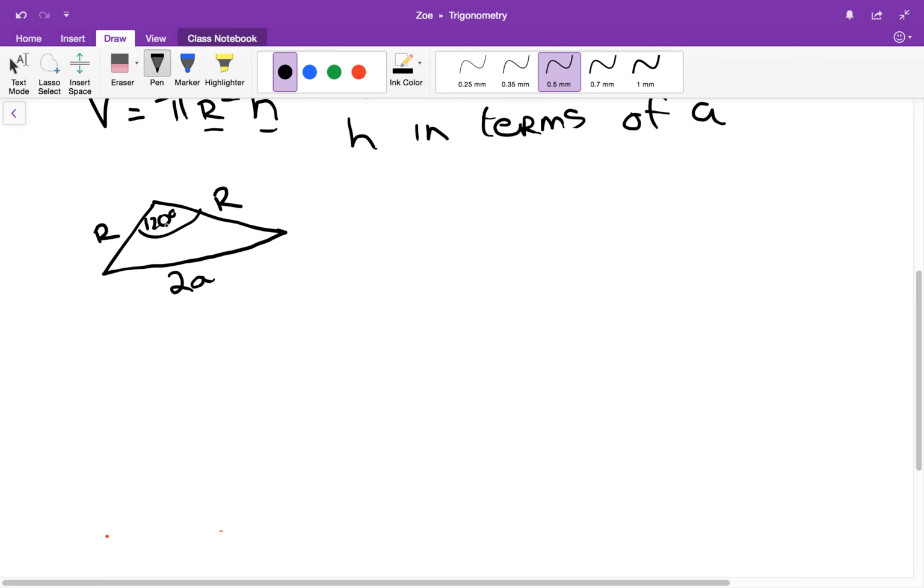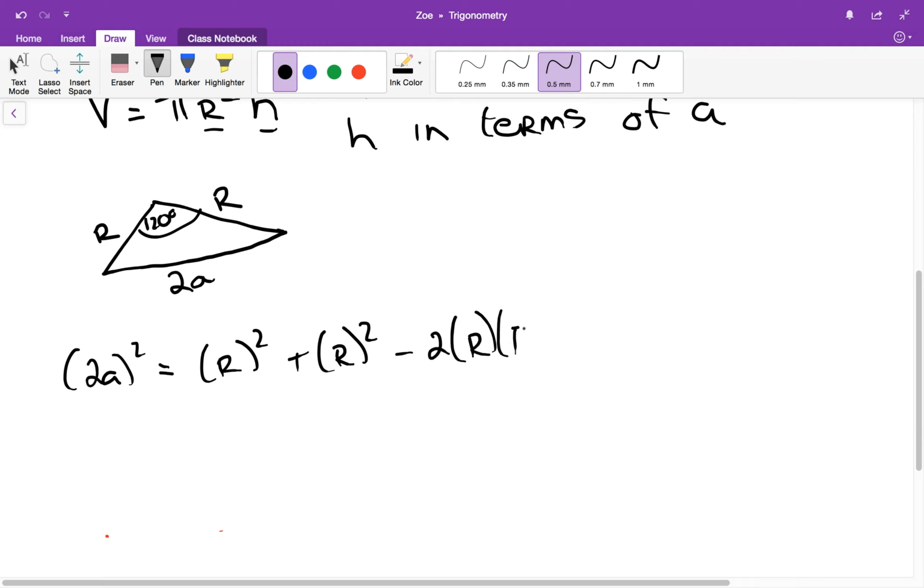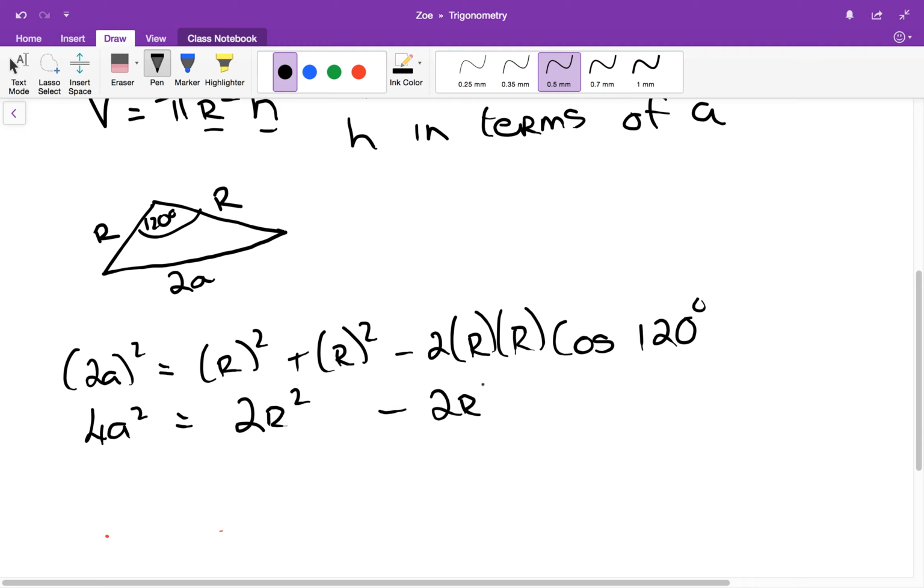So the side opposite the angle is where we start, so that's 2a squared equals r squared plus r squared minus 2 times r times r times the cos of 120. So that's 4a squared equals r squared plus r squared minus 2r squared multiplied by minus a half.